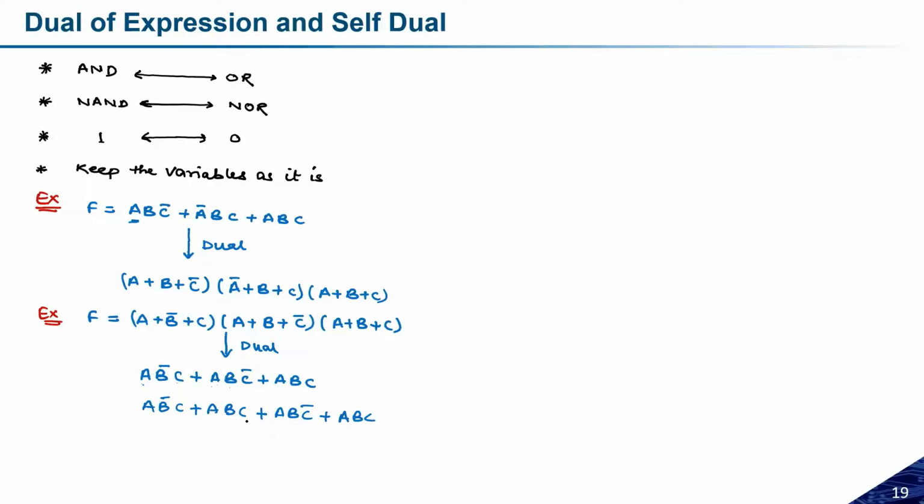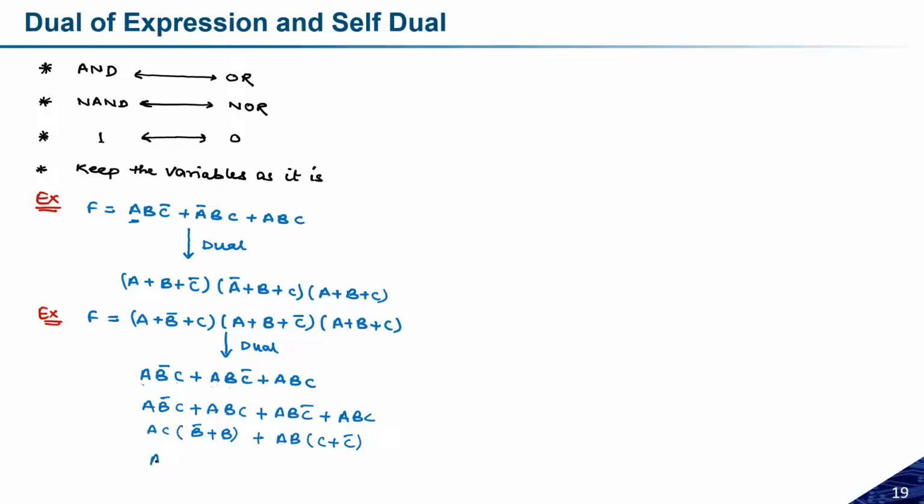If we try to find the common term, from the first two terms, a and c are common, so ac will come out and b bar plus b will be here, and ab will come out and c plus c bar will be there. So b plus b bar gives you 1, and c plus c bar gives you 1.